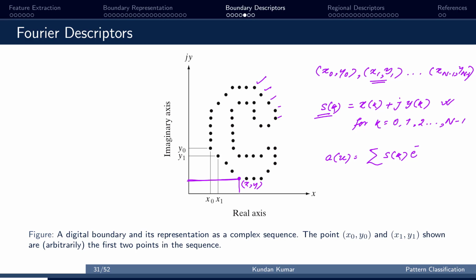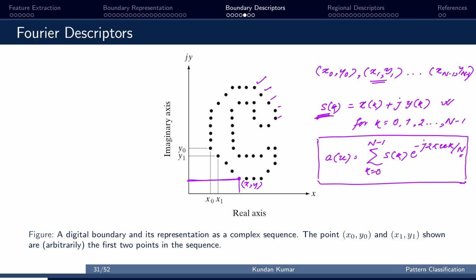So we can write the discrete Fourier transform of sk like this, because we have n points, for k equal to 0 to n minus 1. So this is basically our Fourier transform.